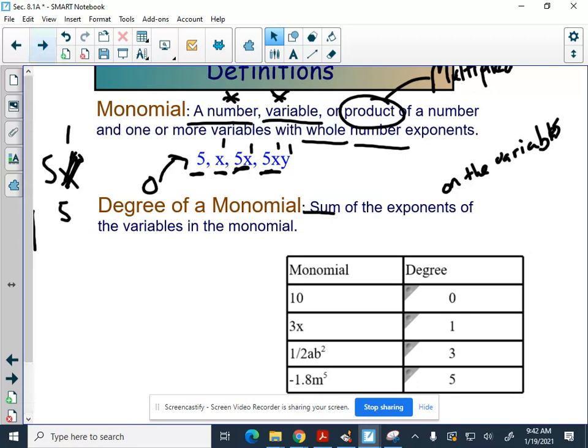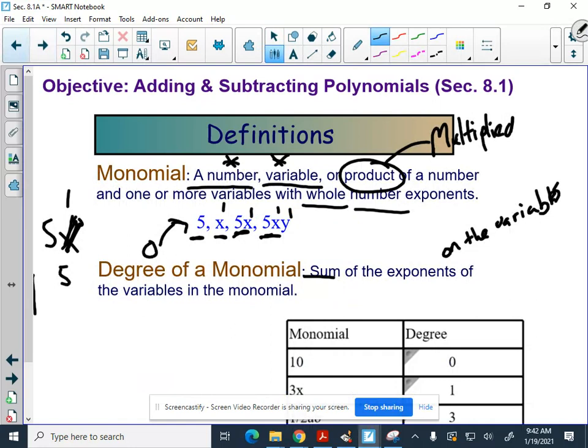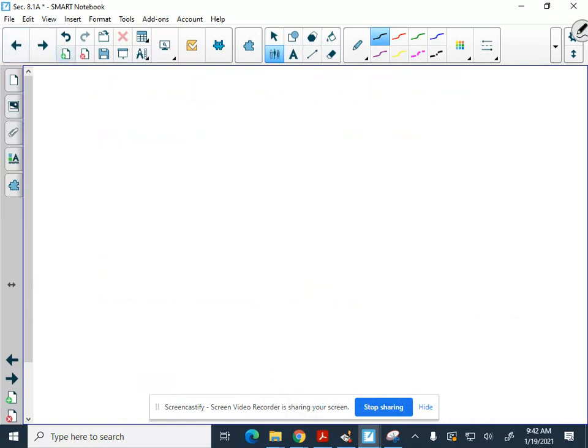Next, we have what we call polynomials. Okay? So before we get to that, we have different classifications. Now next year you might sign up for geometry. So in geometry, they'll call things quadrilaterals.